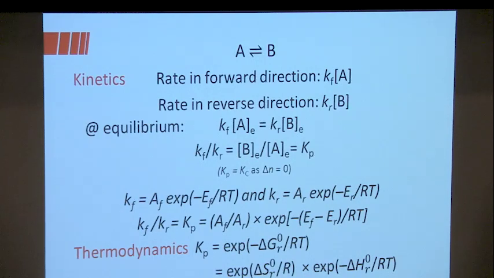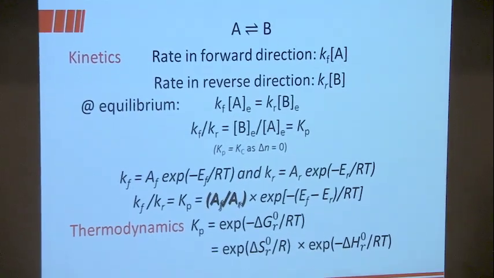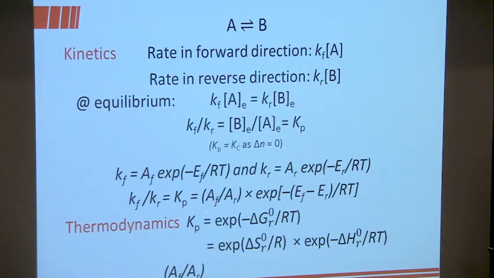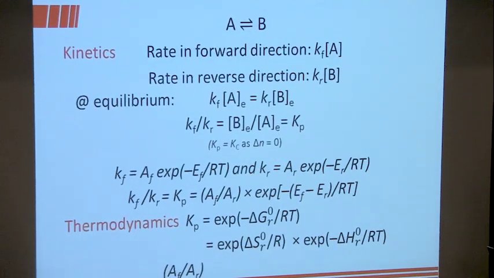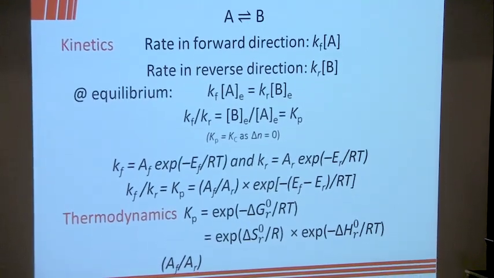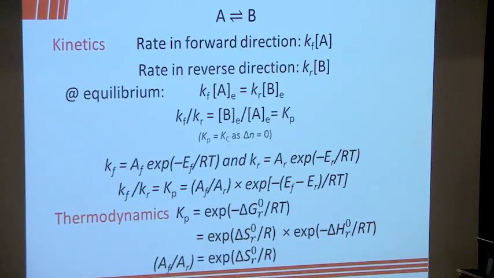And so from kinetics, Kp is equal to A forward over A reverse. So we can say A forward over A reverse is equal to the exponent of delta S over R, and E forward minus E reverse is equal to delta H.